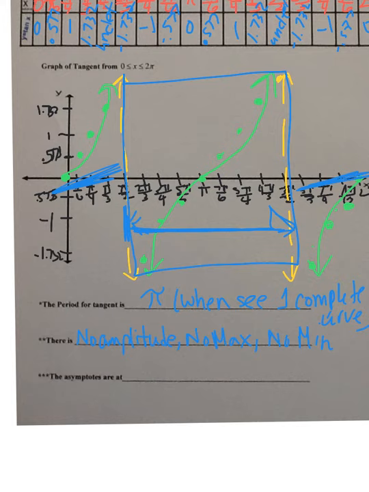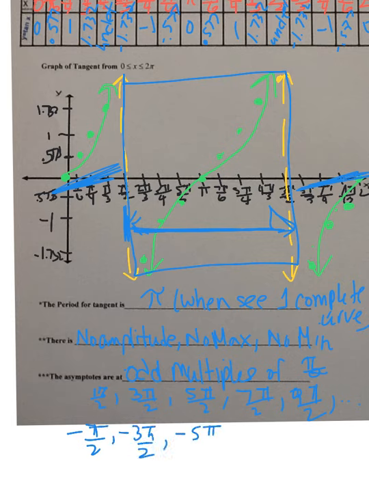So your asymptotes are at odd multiples of pi over 2. So what that means is 1 pi over 2, 3 pi over 2, 5 pi over 2, 7 pi over 2, 9 pi over 2, and so on. And obviously the negatives, negative pi over 2, negative 3 pi over 2, negative 5 pi over 2, and so on.